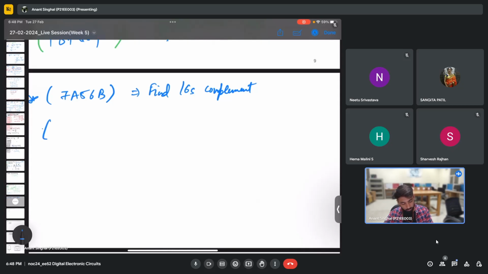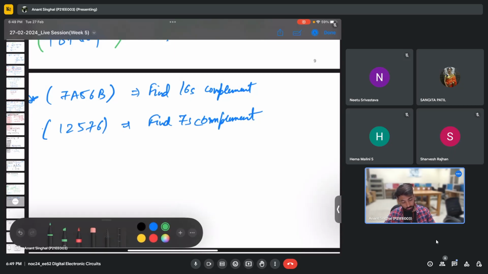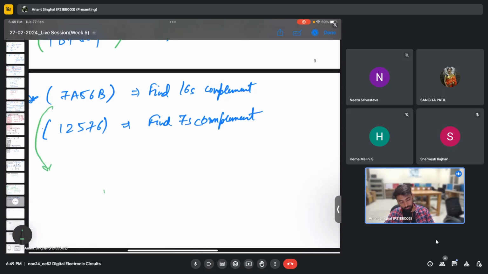And then maybe 1257. Again we need to do the number subtraction. First of all I'm writing for 16. Maybe you can calculate for this. I'll calculate the easier one and let me know the answer in the chat box.